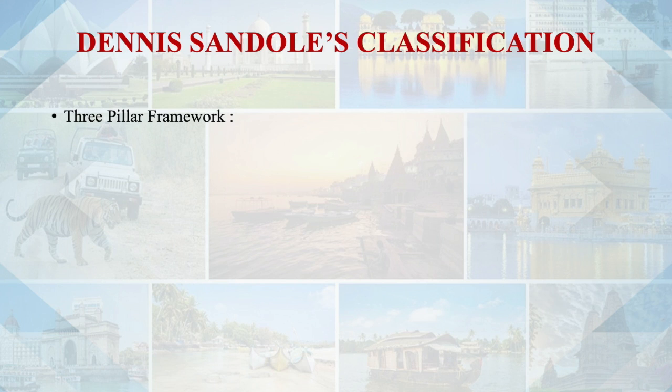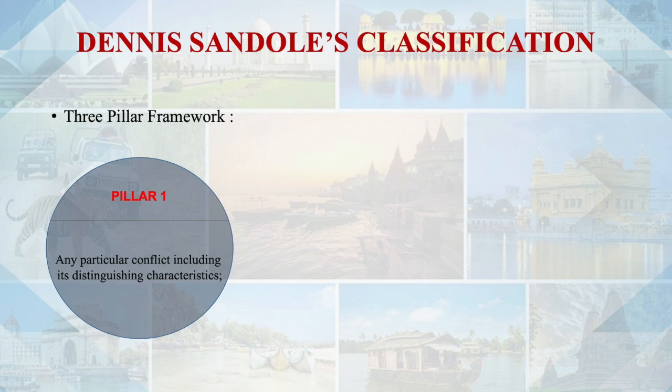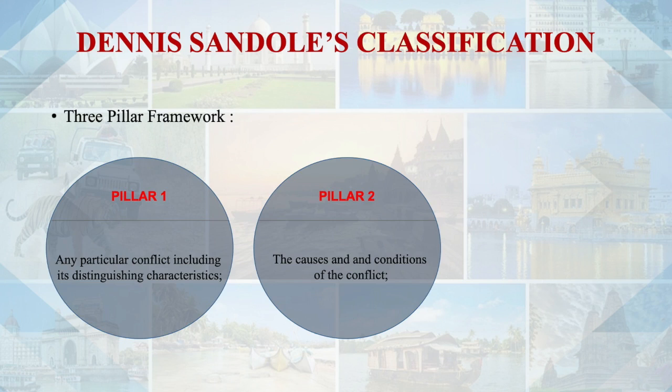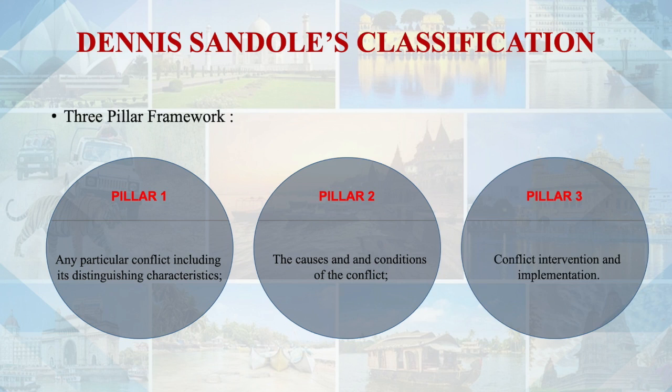Then another classification of conflict has been given by Dennis. According to him, this classification is famously known as the 3-pillar framework. What are the 3 pillars? Pillar number 1 is any particular conflict including its distinguishing characteristics, pillar number 2 is the cause and condition of the conflict, and pillar number 3 is conflict intervention and its implementation.